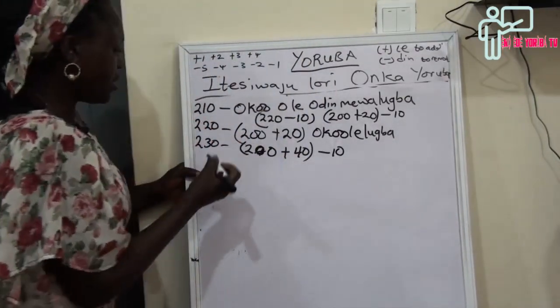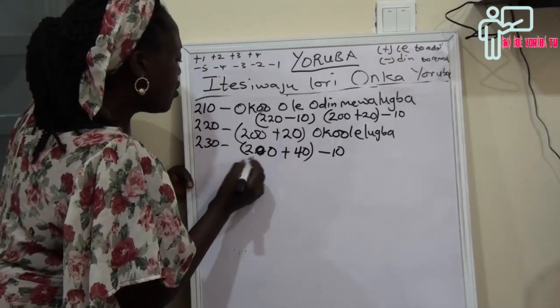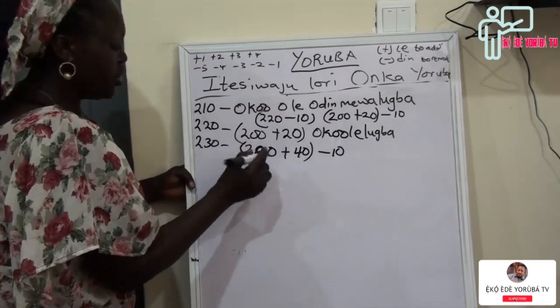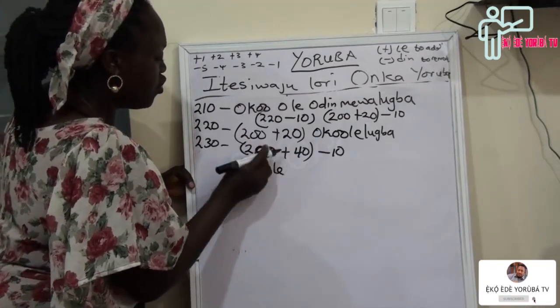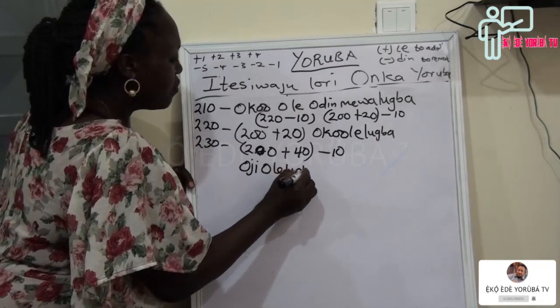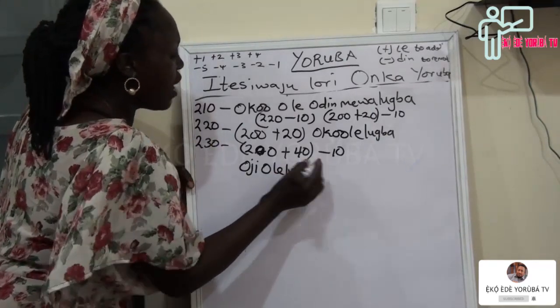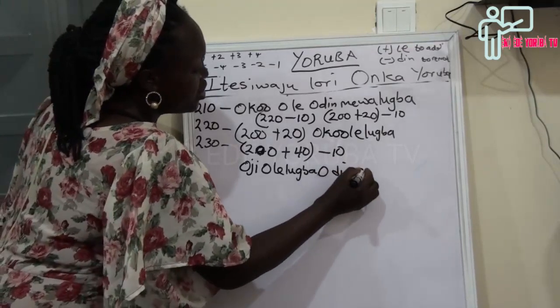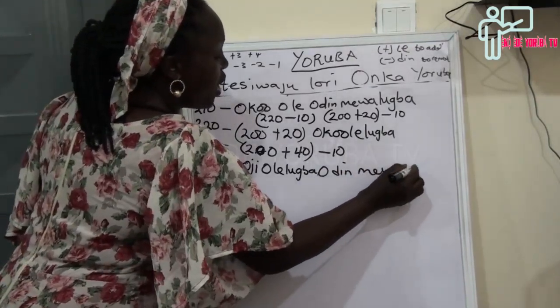I want to re-explain it here. That is, you now say òjì, ó-lé-lúgba. Òjìlélúgba ó dín mẹ́wàá.